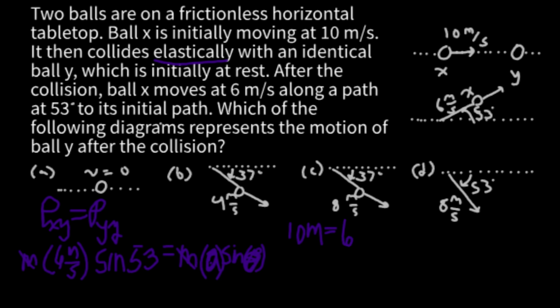We don't really need to be worrying about using our units here, times the cosine of 53 degrees plus mA cosine of our unknown angle theta. Those are the equations because our initial momentum in the horizontal direction is 10m. So when we look at our horizontal direction here, that also has to equal 10m. However, we know our m's all cancel, so they have to equal 10.